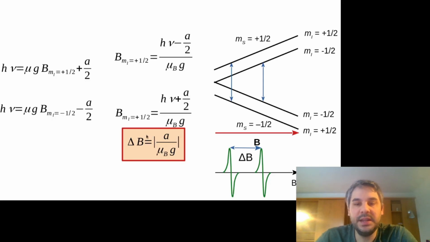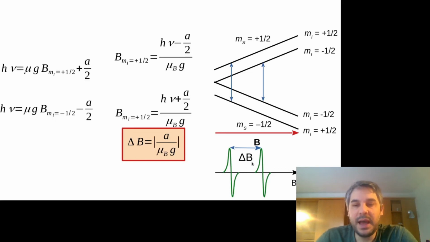So here I'm taking an absolute value to simplify things, and basically what this tells us is that the magnetic field separation between the two resonances, which is what we actually see in an EPR spectrum, we will call it delta B for now, is equal to the hyperfine splitting A that went in the Fermi or contact Hamiltonian divided by the Bohr magneton times g. There are other constants. There's one more constant, but we will see it later when we actually calculate things. So for now, I just want to show you the concepts.